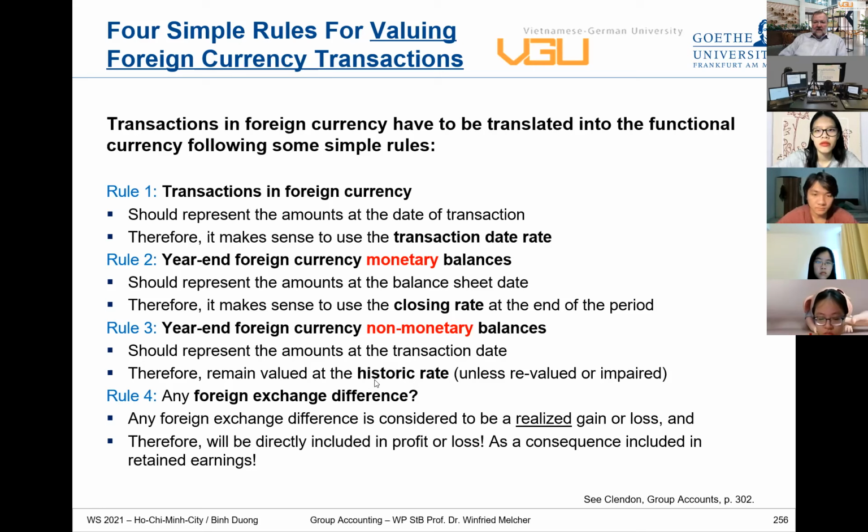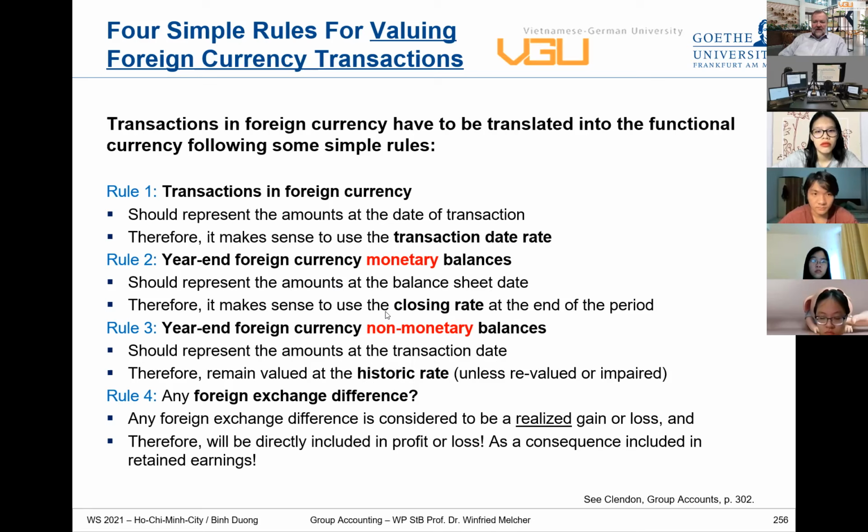Okay, so we will distinguish between these things, because IFRS rules that any item that is near to the money will be translated using the closing rate at the end of the period.